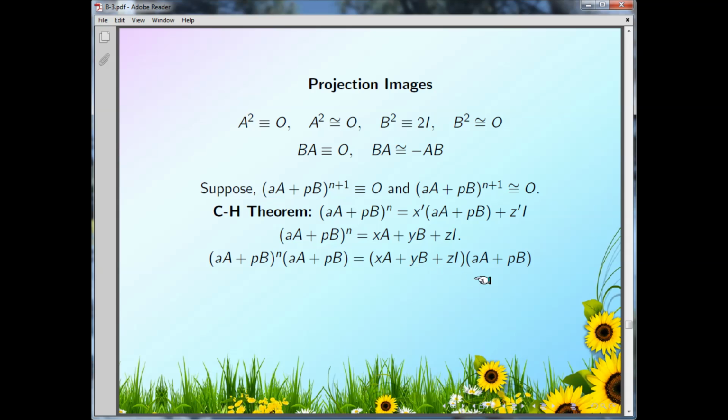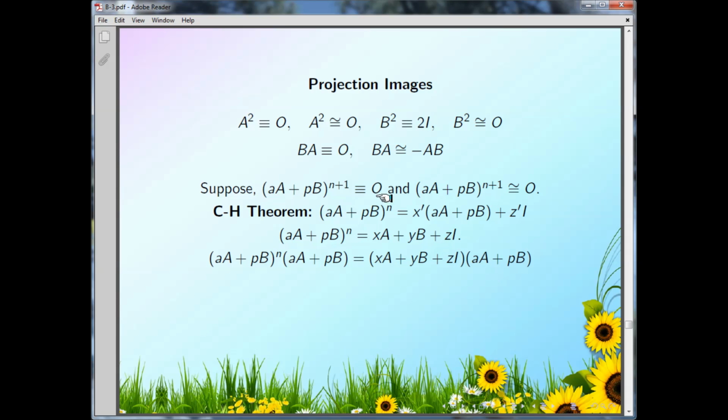Now we multiply this out using these projection images. Let's consider the I component. What is the I component we get here? A times A squared has no I component. A times B has no I component, because A times B is the basis member.